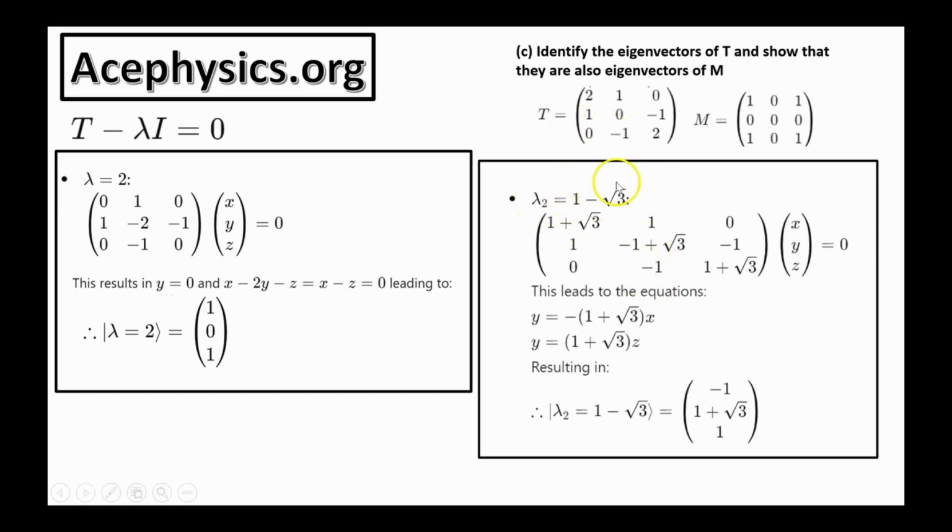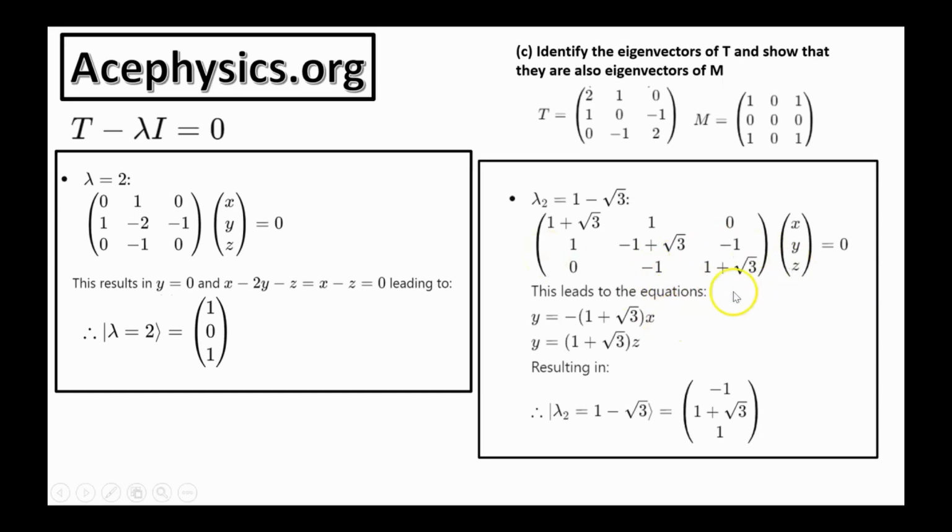For lambda 2 equals 1 minus root 3, I'll subtract that down the diagonal, so 2 minus 1 minus root 3 is 1 plus root 3. 0 minus 1 minus root 3 is minus 1 plus root 3. And then again, we have 1 plus root 3. And it's the same procedure. You take this matrix, you multiply by the vector x, y, and z, you set it equal to 0. The first equation tells us that 1 plus root 3 times x plus 1 times y is equal to 0, which says that y is equal to minus 1 plus root 3 x.